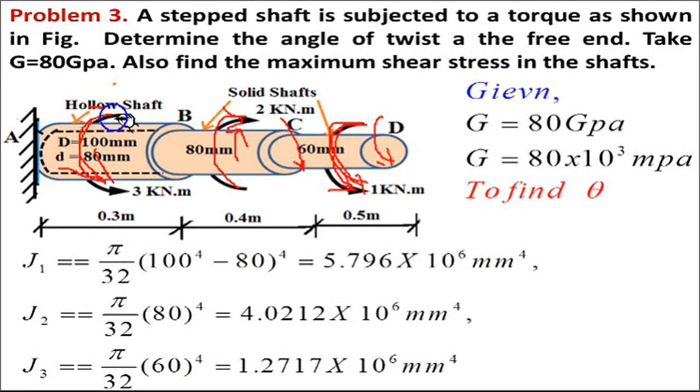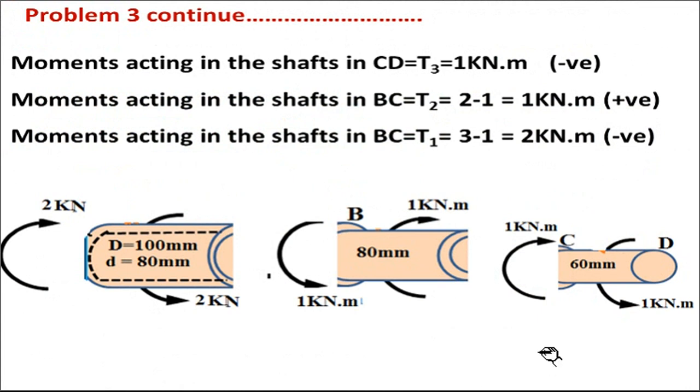Okay, so whenever you are taking the torque acting on section 3, what will be added? Suppose anti-clockwise 3 plus clockwise 2. Suppose you have taken anti-clockwise as negative, so minus 3. Clockwise 2 means plus 2. And this is again anti-clockwise 1, it will be minus 1. This total will be minus 2, meaning in the last section only 2 kilonewton meter torque is applicable.